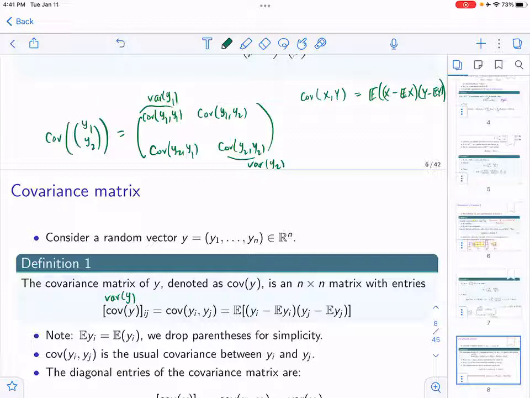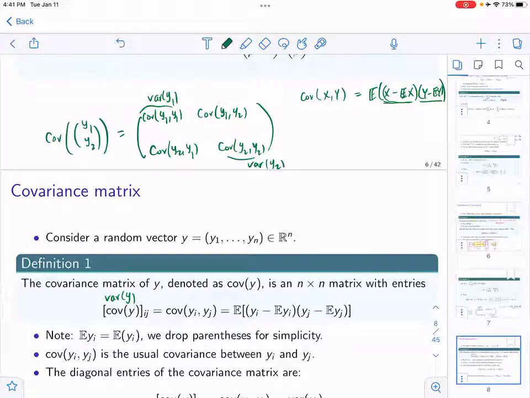So you measure the covariation, how much they vary together. Whenever this is large, this is also large, then the covariance would be large. But whenever this is small, this is large, or whenever this is large, this is small, the covariance would not be that big. So it measures how much they relate to each other rather than the spread.